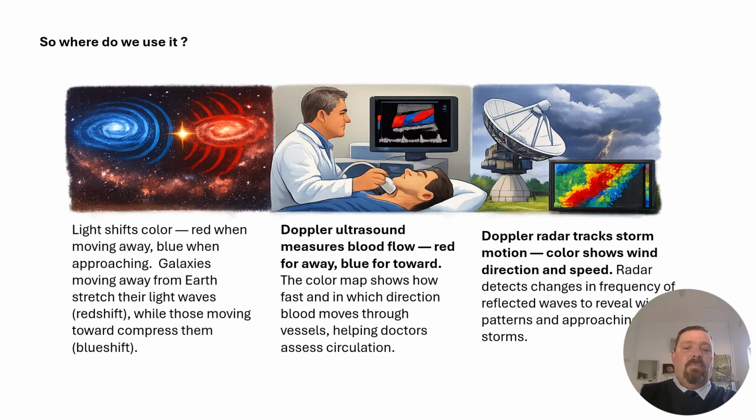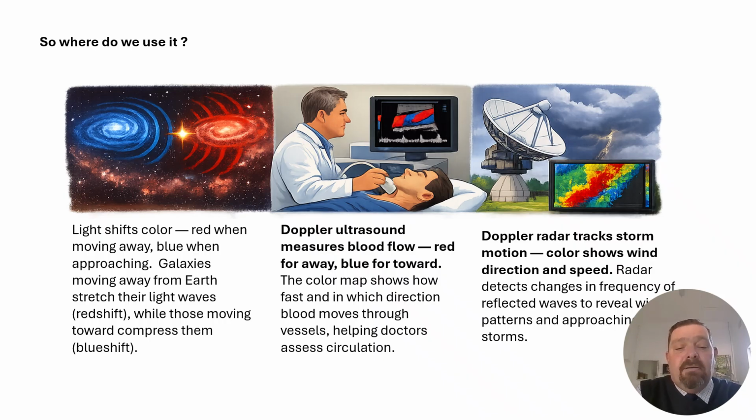Right. So where can I use it? We look at light shift. Remember, light is a wave as well. And the frequency or the pitch of light, we observe in its color. So when light is red or blue, it tells us something. In the universe, scientists look at red and blue shifts.